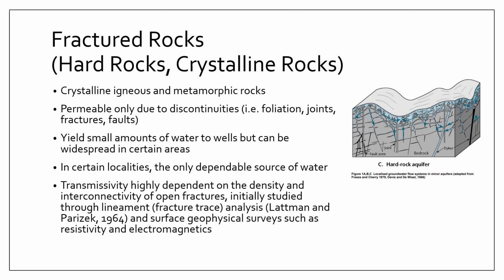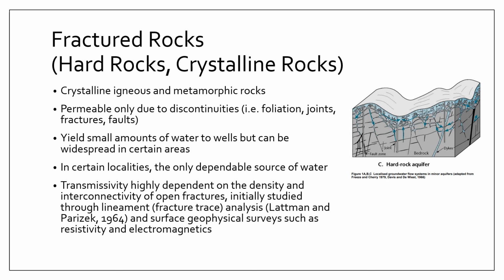Now let's move to the last type, which is the fractured rocks group. All right, fractured rocks or hard rocks or crystalline rocks. These mostly comprise your igneous and metamorphic rocks that are crystalline.